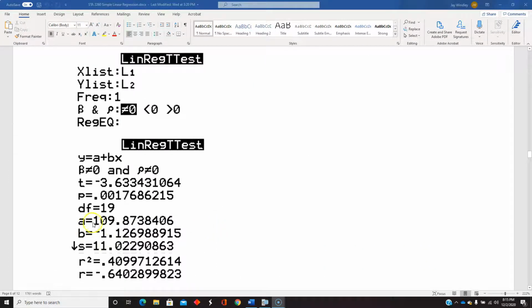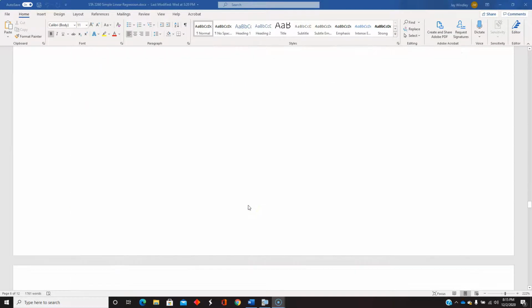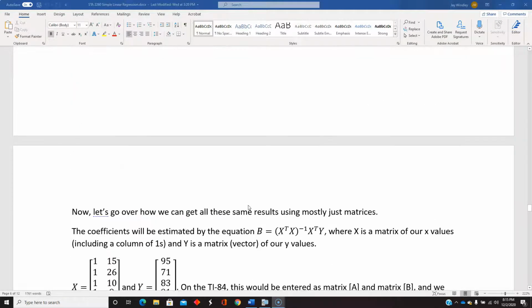So we have a y-intercept of 109 point something, a slope of negative 1.1 point something, s is about 11, r is negative 0.64, r squared is 0.41, and we have a t-value of negative 3.6 and a p-value of 0.001, degrees of freedom 19.